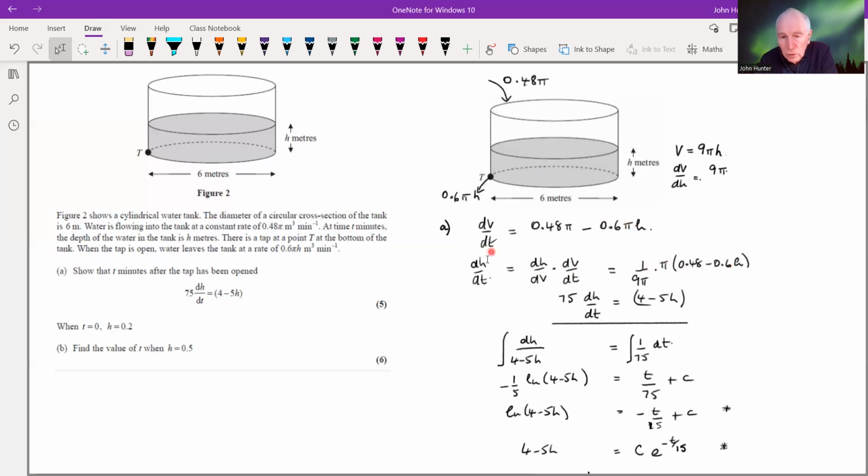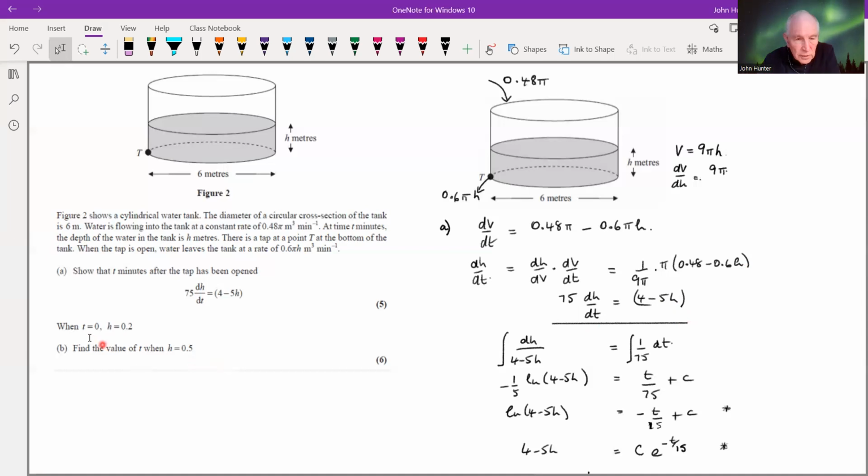And that's what we've got. dh/dt equals this lot here. Pi's cancel, obviously. And if I multiply each side by 75, then it works out to what we want to show: 75 dh/dt equals 4 minus 5h. That's part A done.